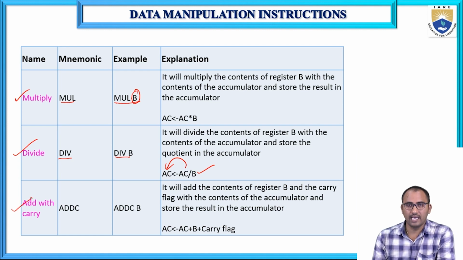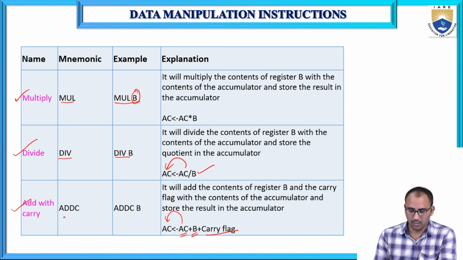Next, add with carry. Add with carry means we are adding two registers along with the carry. Here the accumulator register, the B register, and the carry flag will be added, and the result will automatically be stored in the accumulator. The mnemonic for add with carry is ADDC.